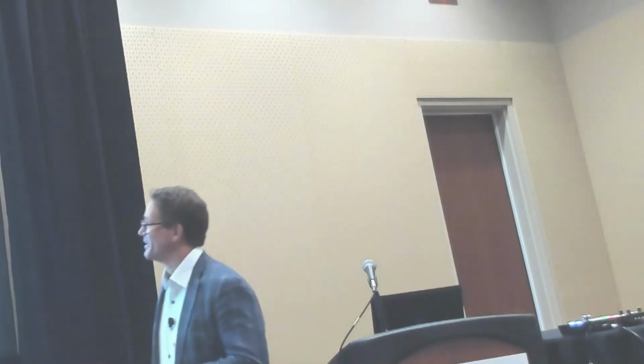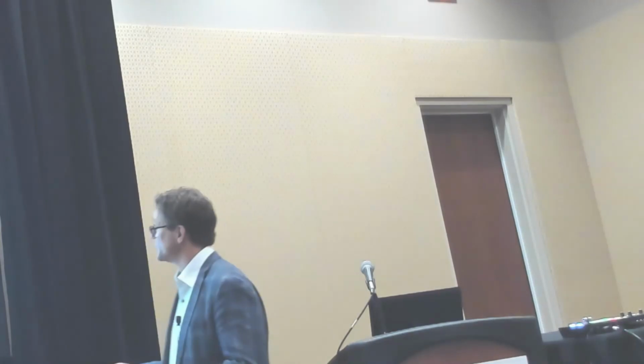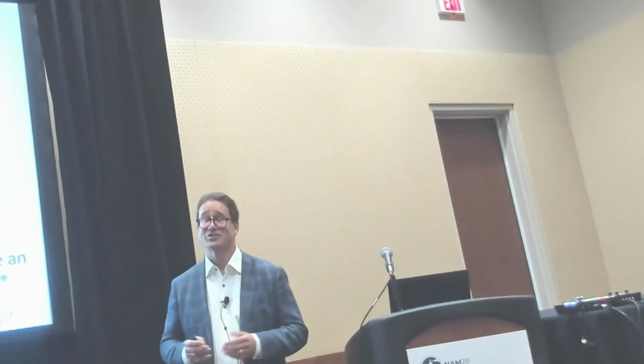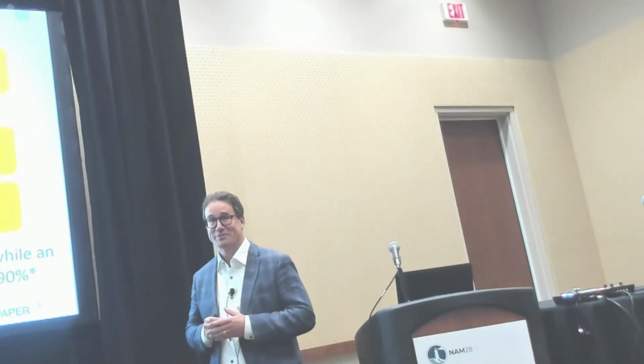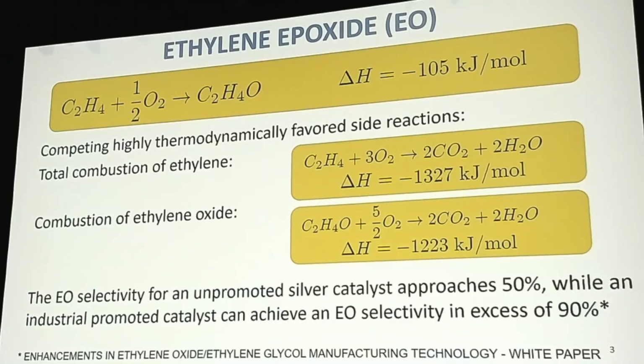If you had the pleasure of joining John Lockemeyer's talk two days ago, he was giving the introduction from the Shell company, what they have done, and of course the industrial catalyst today is amazing. So you can achieve almost 90% selectivity. So it's a very optimized process as such. And so we will see what we can contribute in that field.